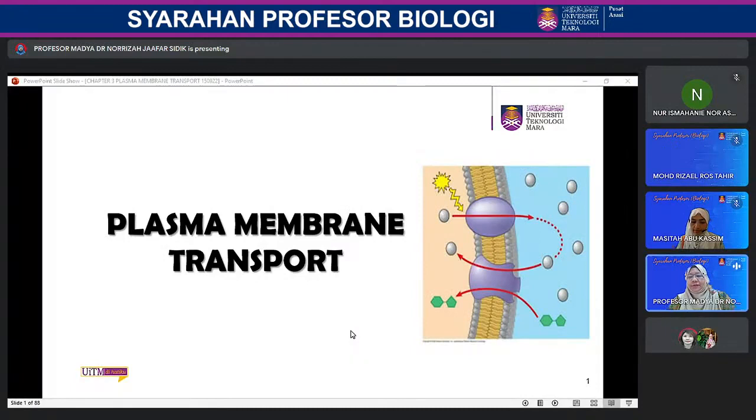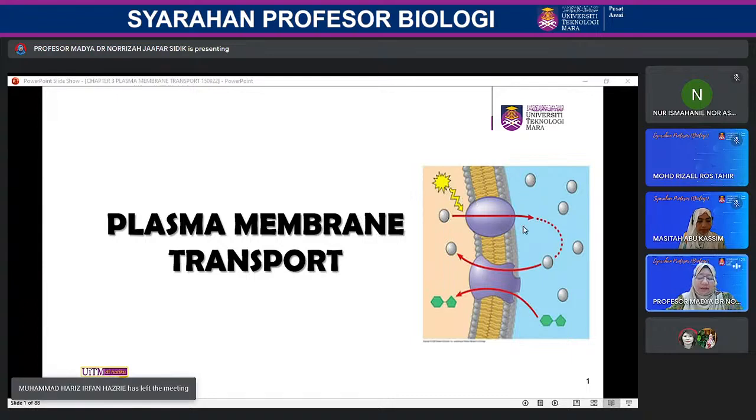If you look at the pictures here, generally these are the plasma membrane. I show with the cursor here, the plasma membrane. In cellular biology, plasma membrane transport is actually the collection of mechanisms that regulate the passage of solutes.